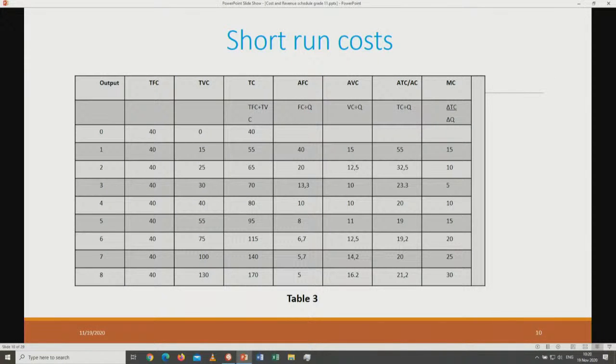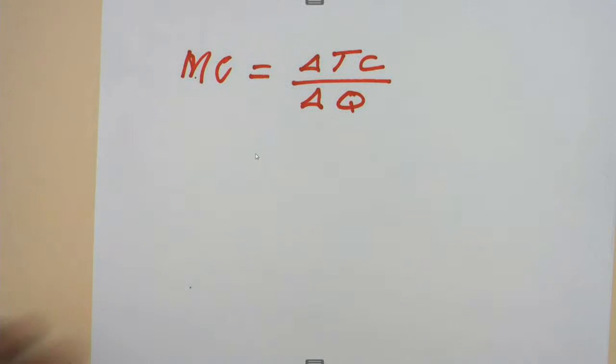Our output changed from 0 to 1. Am I right? Because we did not produce anything here, but the next we produced 1. Right? So while we were not producing anything there, our total cost was 40. And now that we produced this single item, our total cost is 55. So let's get the difference there.